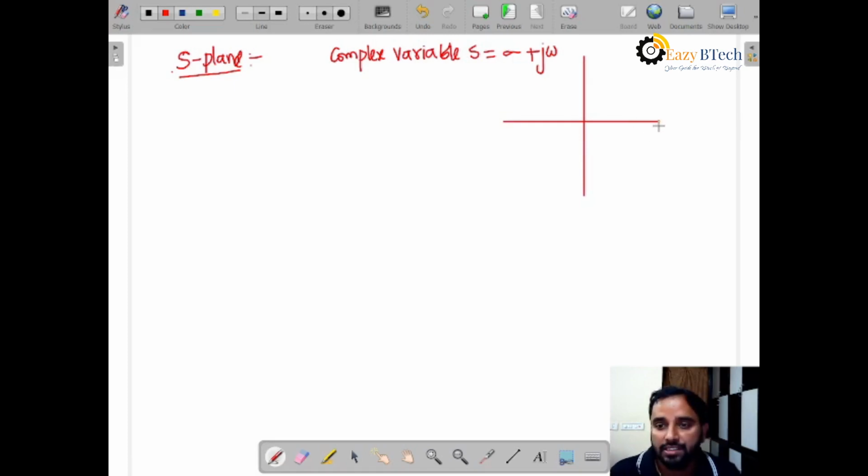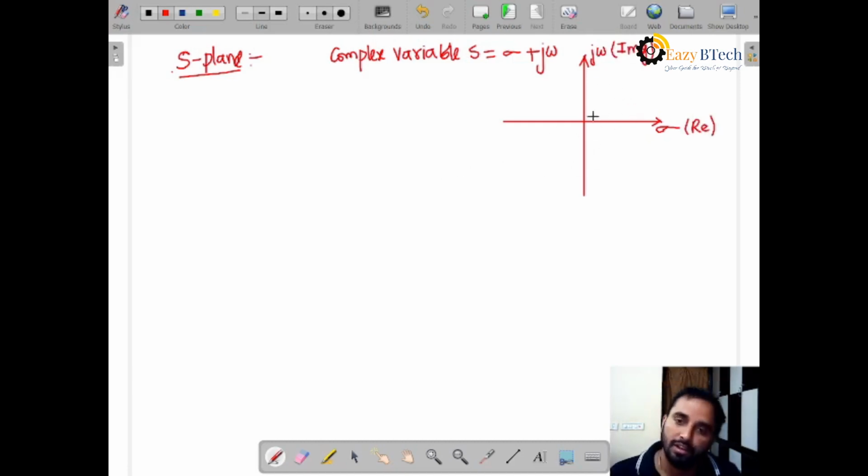So the x-axis is the real part of S, sigma, and the y-axis is the imaginary axis, j omega. This is the imaginary axis and this is the real axis.